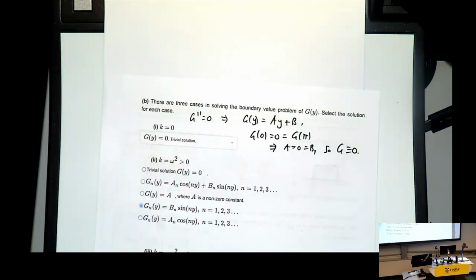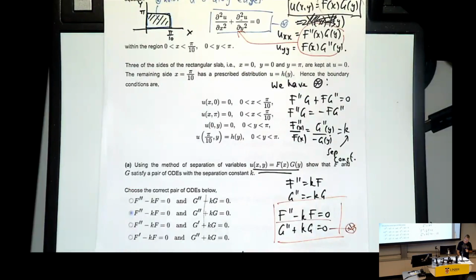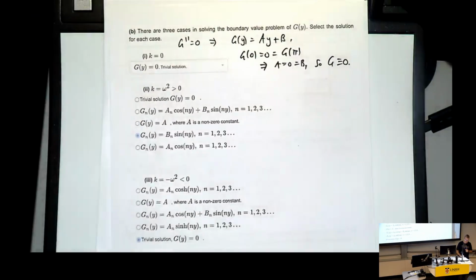Okay? In the second case, they go, oh, okay, well, what about when k is positive, right? So we're looking at this problem with these boundary conditions when k is positive.